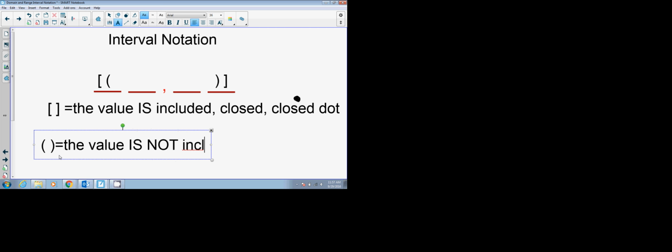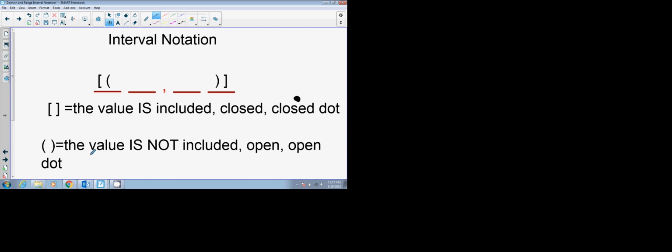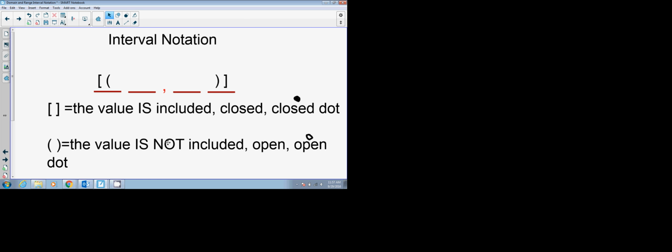On the other hand, a parenthesis is used when the value is not included, which means that it's open. It could be designated as an open dot in your graph, so the dot's not filled in. So depending upon if the value is included or it is not, it'll be brackets or parentheses.